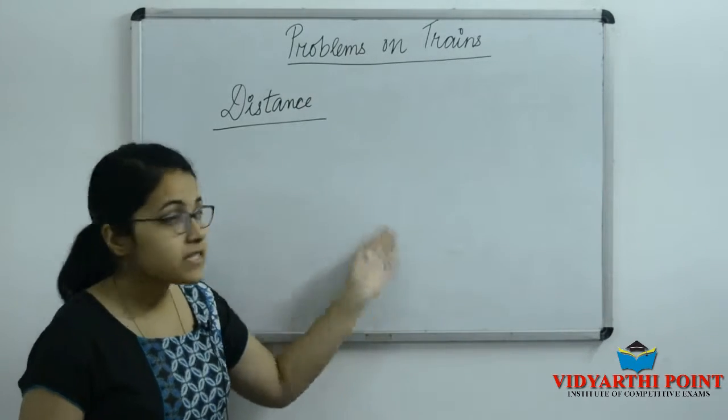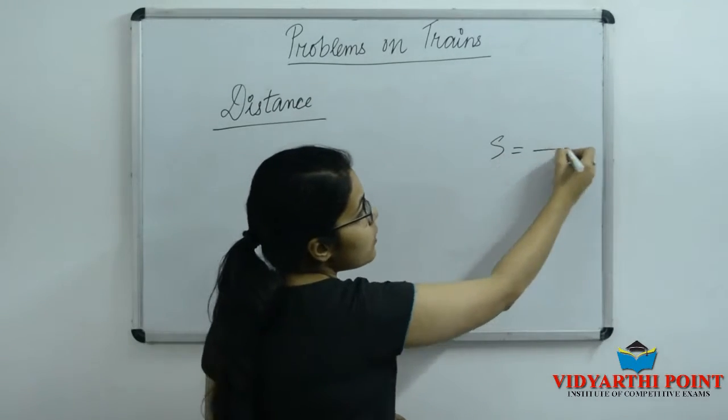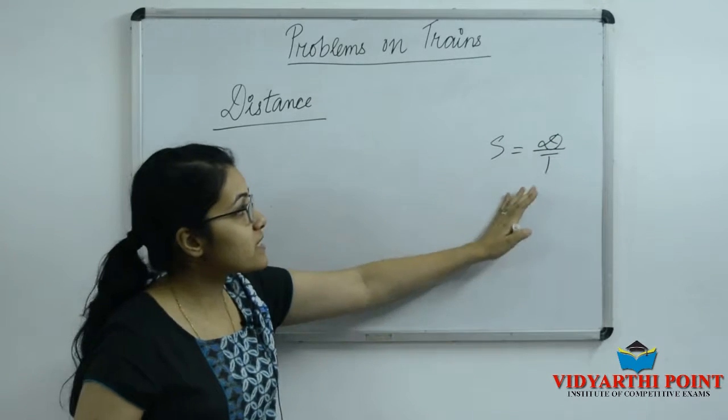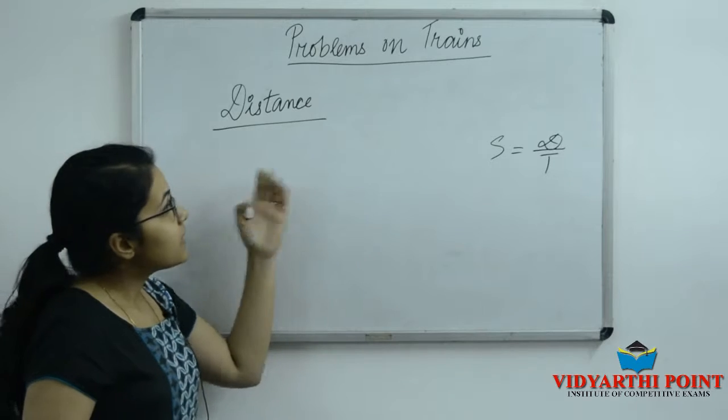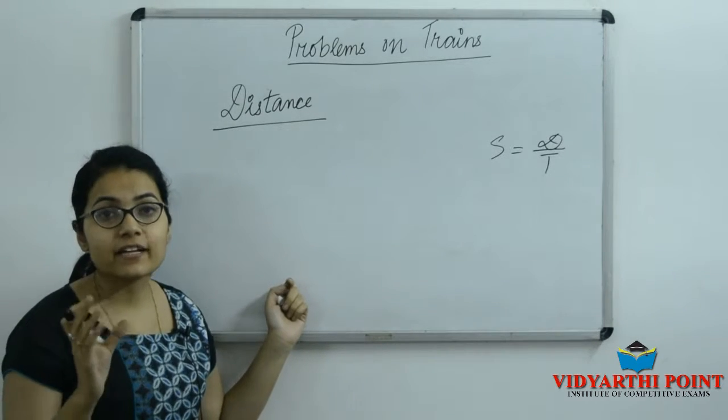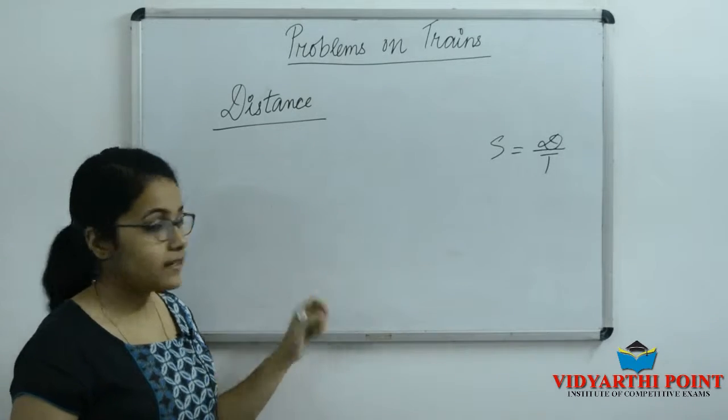Now let us look at the concept of distance. In the formula S equals d by t, that is speed equals distance by time, here in distance, the length of the train will be added, that is, the length of the second object will be added.